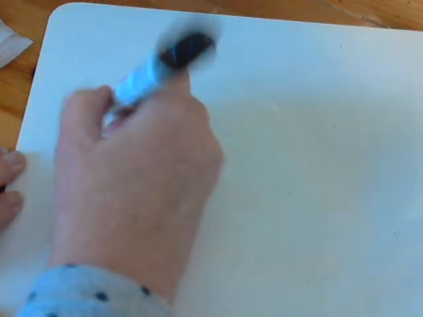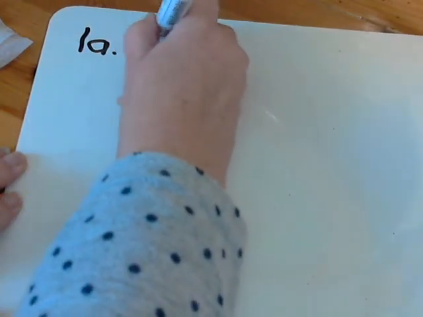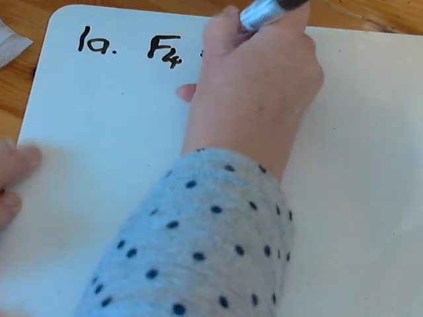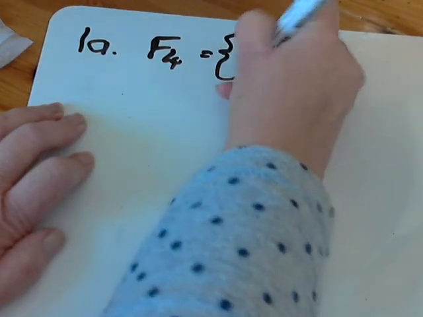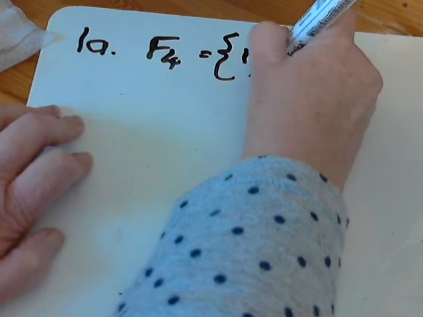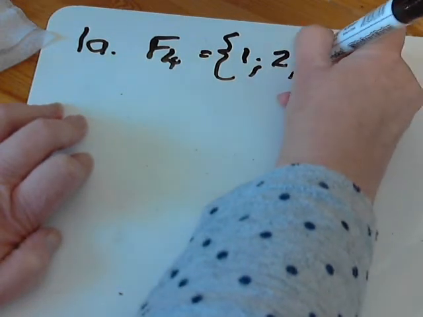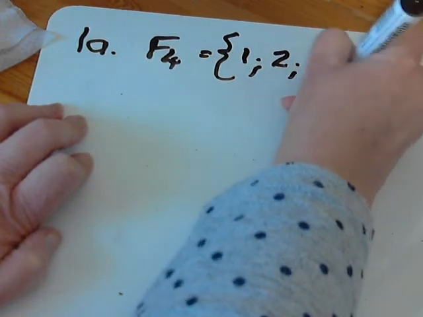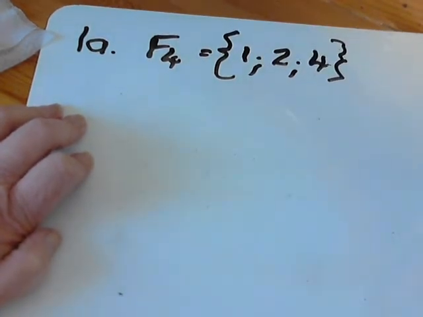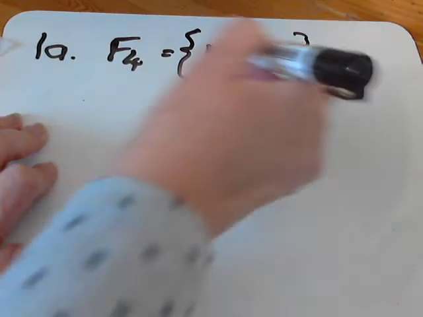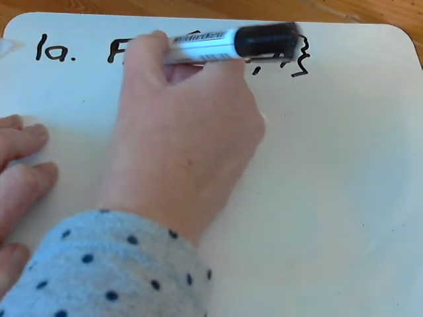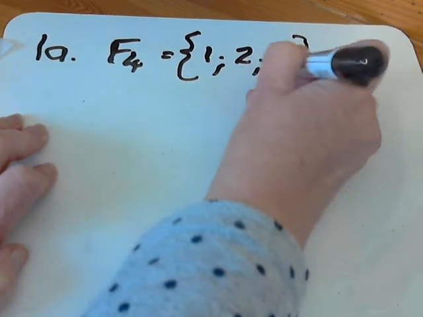The first one, 1a, has factors of 4 is equal to, squiggly bracket. So factors of 4, we know 1 can go in, 2 can go in, and 4 can go in, close bracket. Remember, with factors, we always end on the number that we are finding the factors of. So if it's factors of 4, we end on 4.